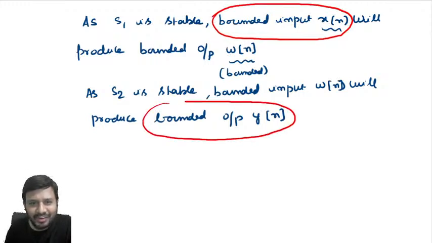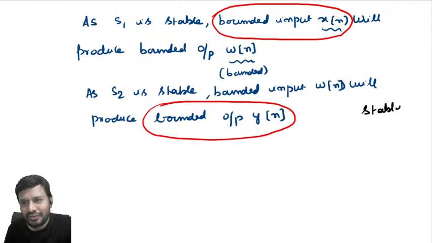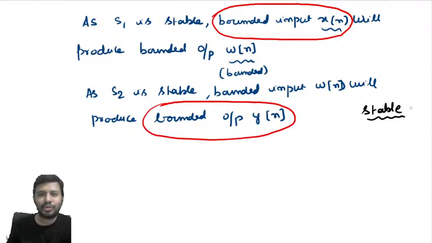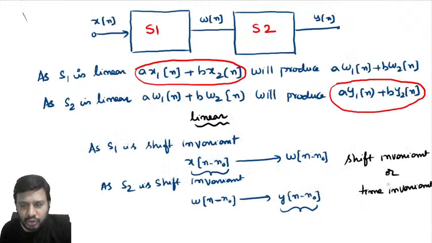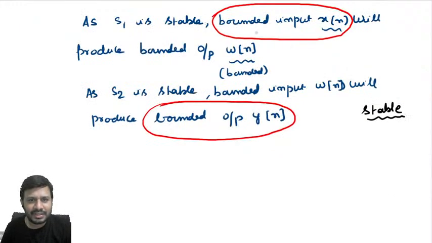So the cascade is stable. If two linear systems are connected in cascade, the overall system will be linear. If two shift invariant systems are connected in cascade, the overall system is shift invariant or time invariant. If two stable systems are connected in cascade, the overall system is stable.